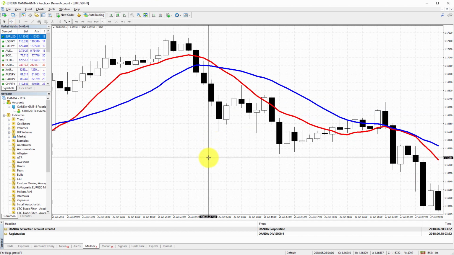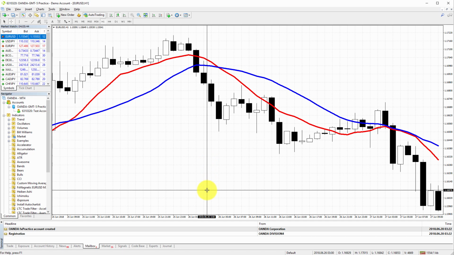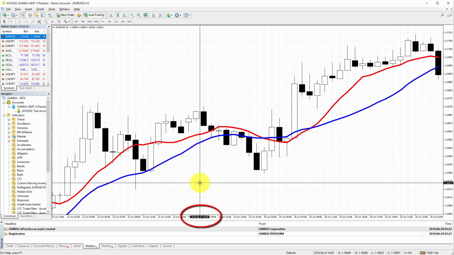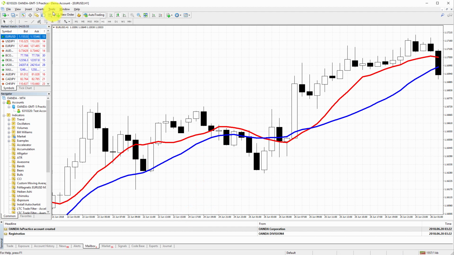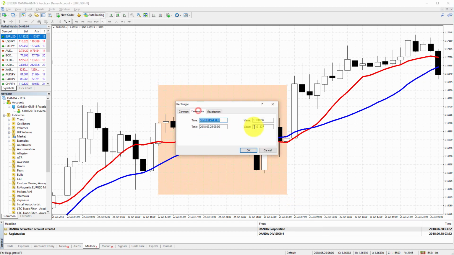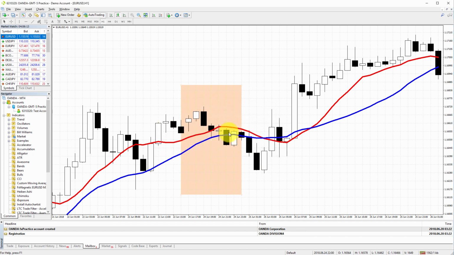So to find the Sunday bars, we'll have to take note of this date. It's 26th, 25th. Here we go, 24th. I will try to draw a shape, something like this, and I will make it start at 24 and end at 25. Here we go.